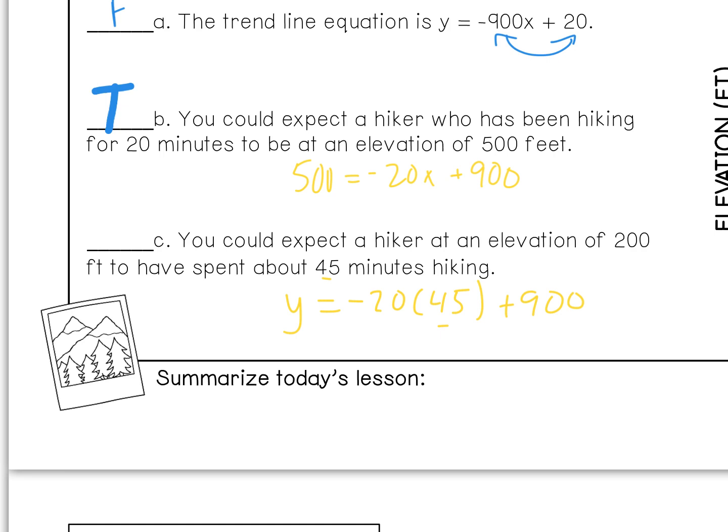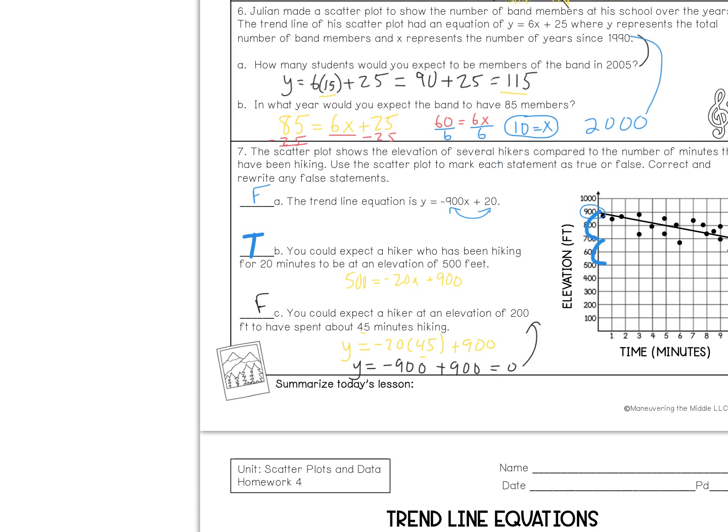So what's 45 times 2? 90. So 20 times 45 would be 900. So that's 0. So does that equal 200? No, so that's false. Okay? That's it.